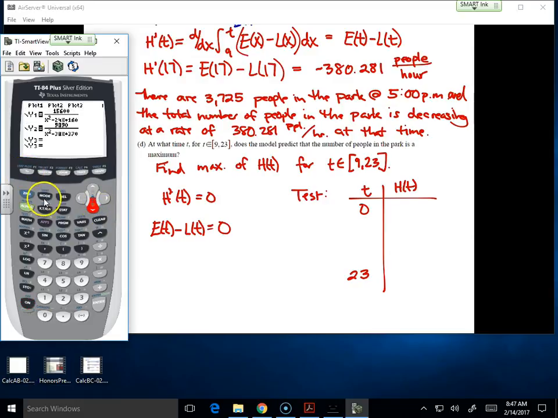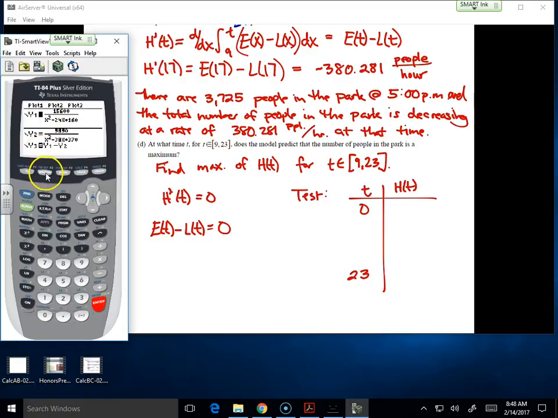And in Y3, am I going to alpha trace and getting Y1 and subtracting Y2? You guys see what I'm doing? I'm putting in and making a third function of E of t minus L of t. Look, I got him, E of t minus L of t. I'm saying forget the rest of the guys. I don't want to see them separately. I want to see them together. So let's get rid of Y2. Let's get rid of Y1.